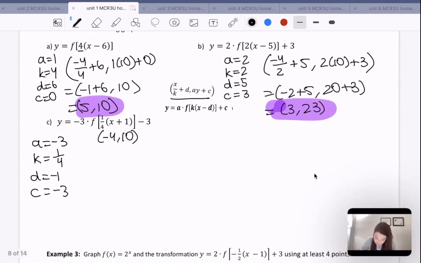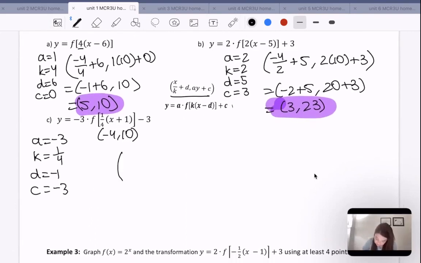So therefore, we have x over k. So negative 4 over 1 over 4. Okay. So 1 divided by 1/4. Okay. Plus d. So plus negative 1, comma, a y plus c. So that's negative 3y plus c.